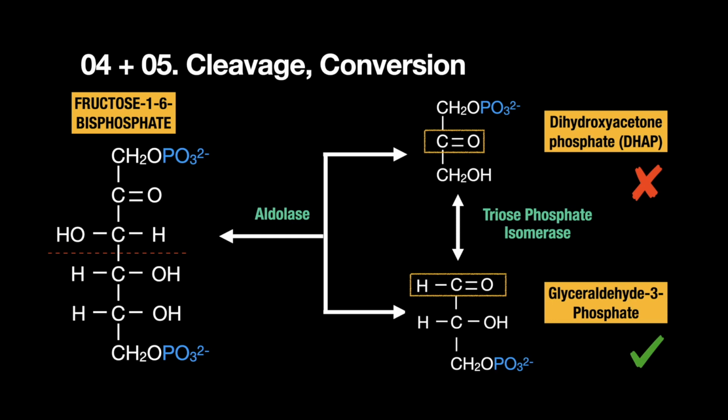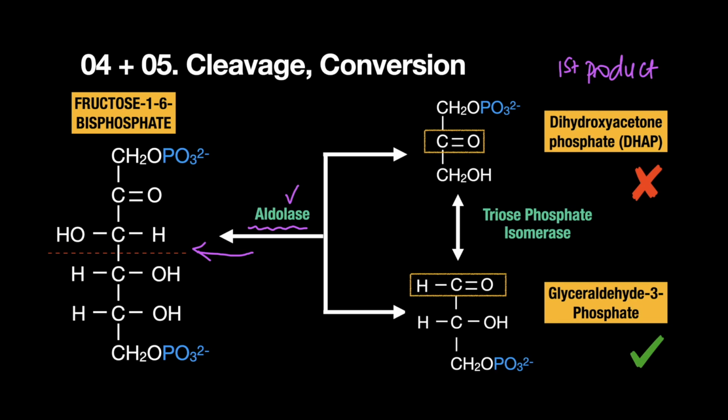In the next step, fructose 1,6-bisphosphate is cleaved by aldolase. The beautiful thing about aldolase is that it cleaves right smack in the middle of fructose 1,6-bisphosphate to form 2 products.